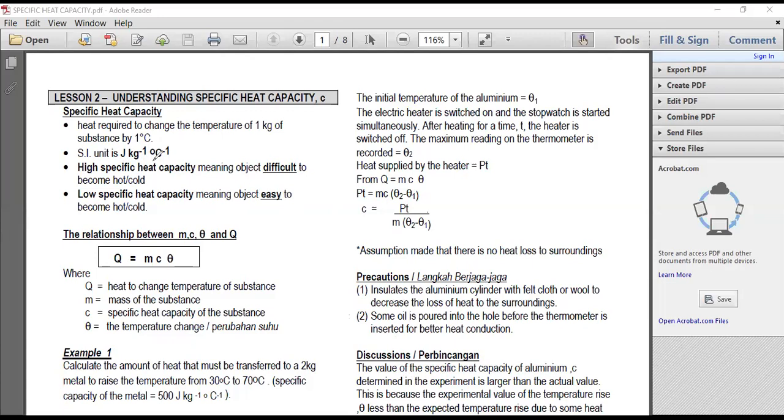Now, what is the meaning of this specific heat capacity? Let's look at an example.